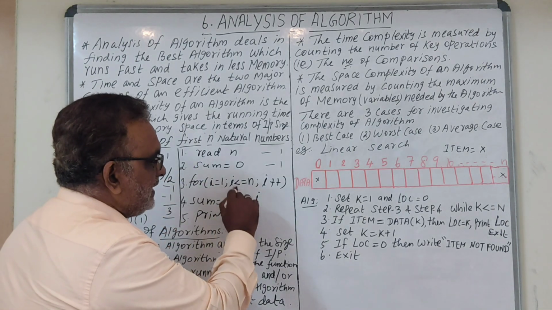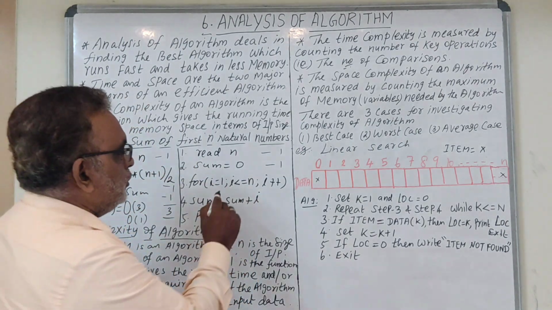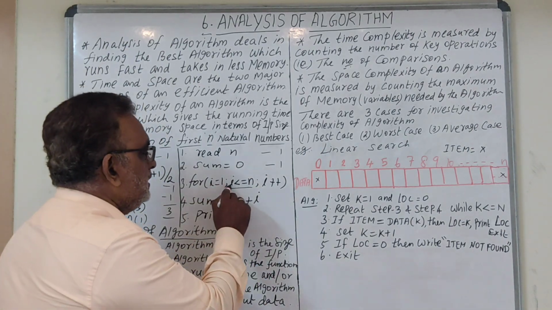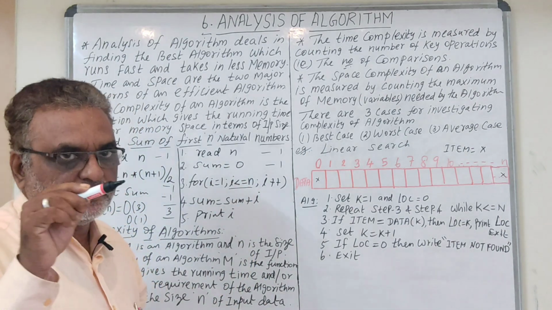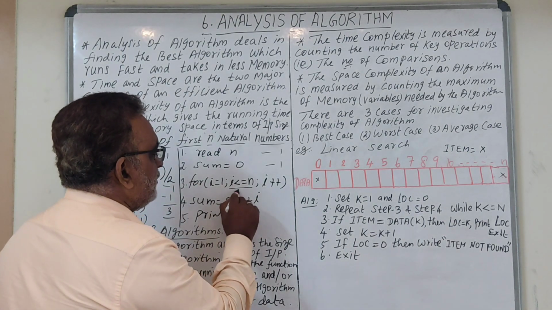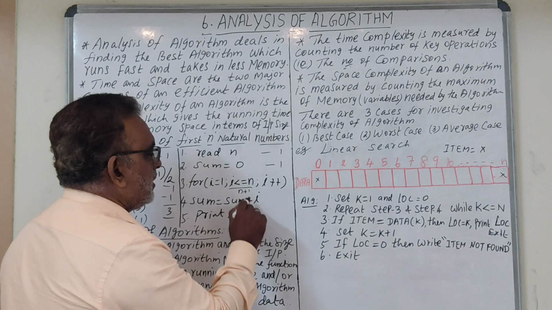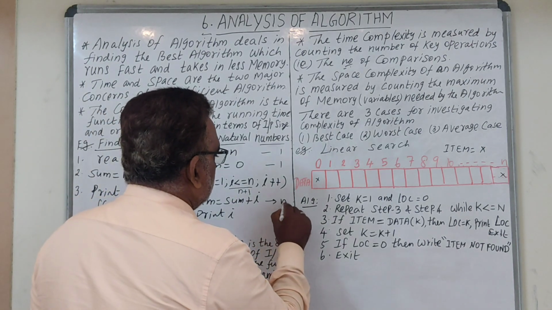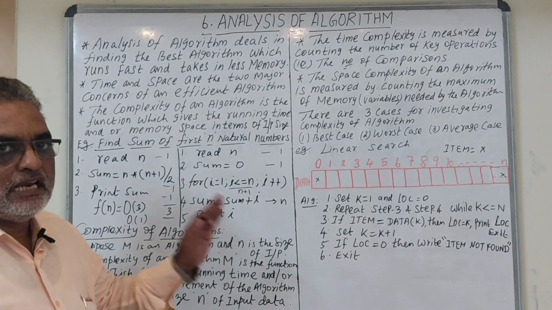So totally it is executed 5 times, but the loop gets terminated only when the i value becomes 6. So the loop will be executed n plus 1 number of times, but the statement will be executed n number of times.